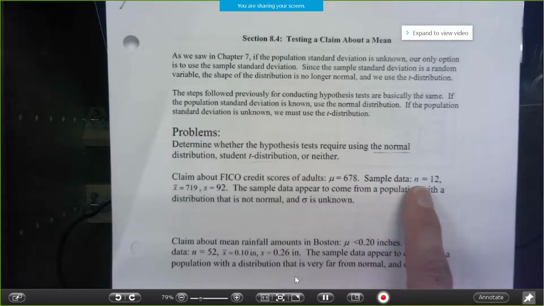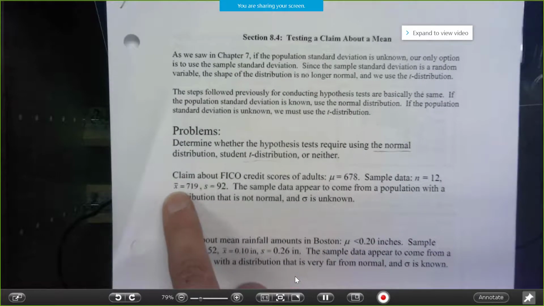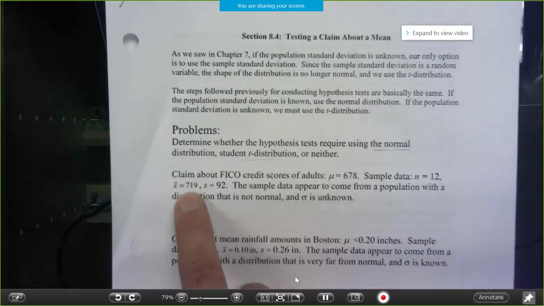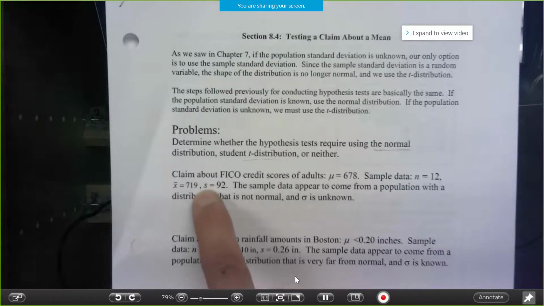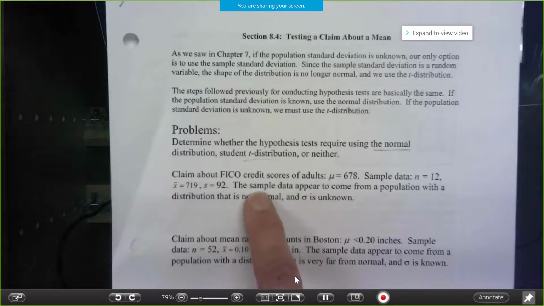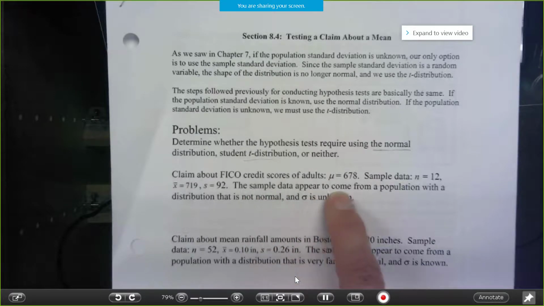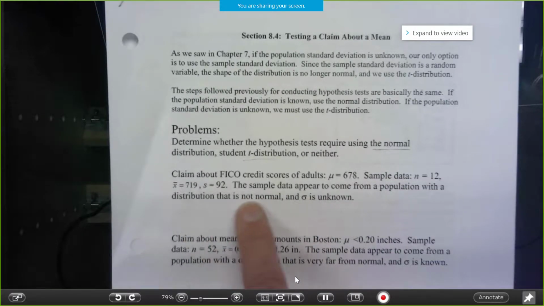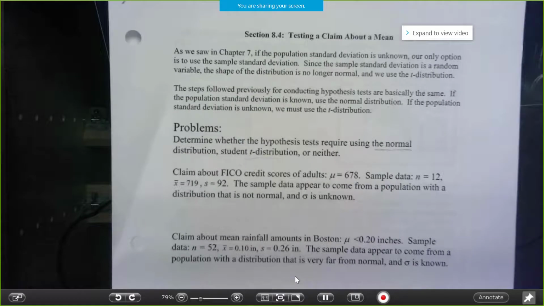And then for our sample data, n is 12, the sample average is 719, the sample standard deviation is 92, and the sample data appear to come from a population with a distribution that is not normal and sigma is unknown. So for this one, these are the same criteria we had for confidence intervals. Should we use the normal distribution, the t distribution, or neither?